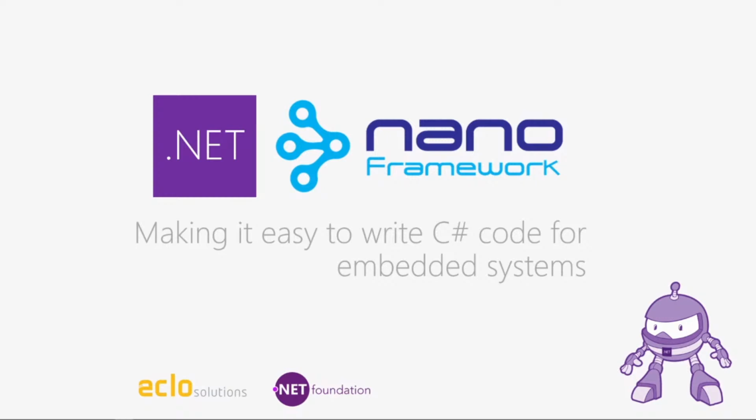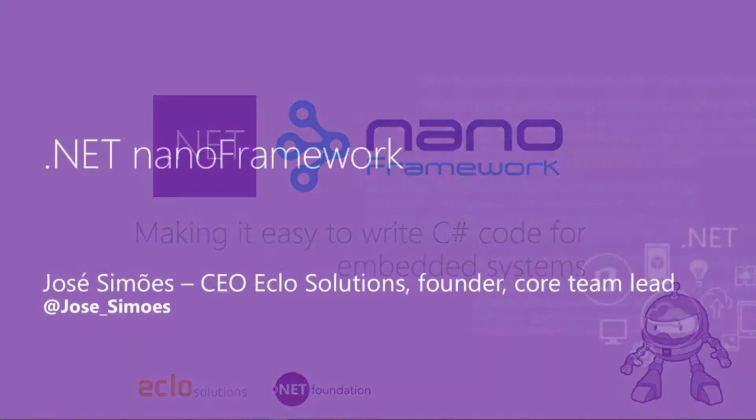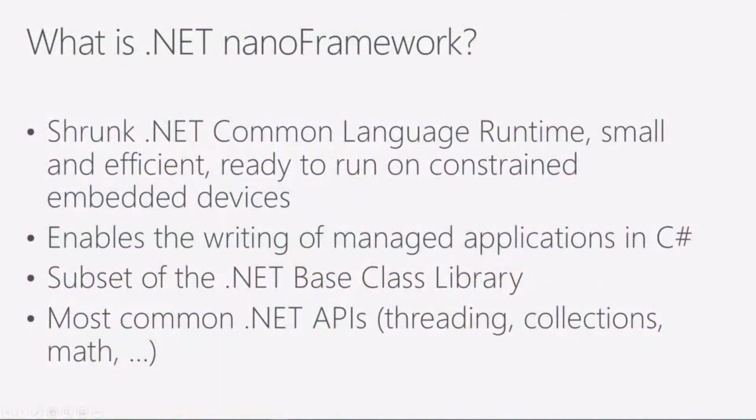.NET Nano Framework, what this is all about. This is basically a shrunk .NET CLR, which is made to be small and efficient in order to be able to run on constrained embedded devices.